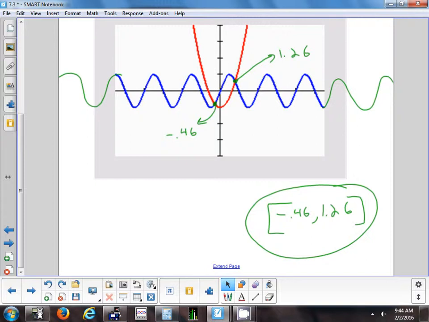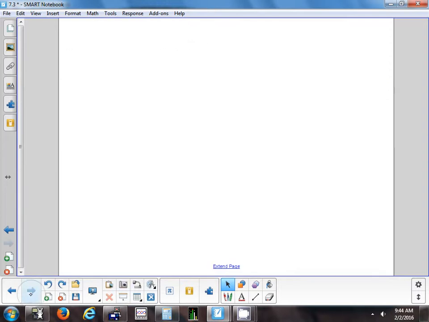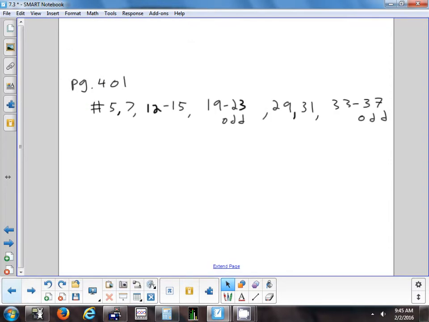Okay, any other questions on that one? Okay, so pretty much every problem today was using graphing calculator. All right. So the homework, okay, it's all graphing calculator. Okay, it's on 401.